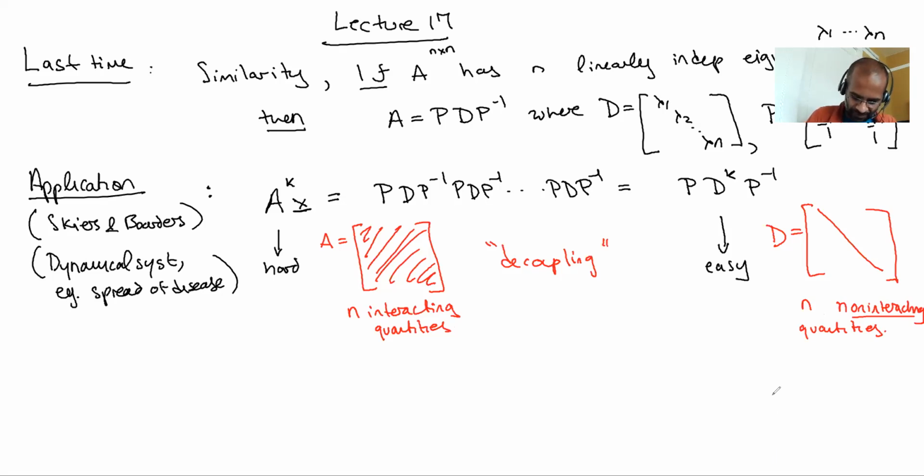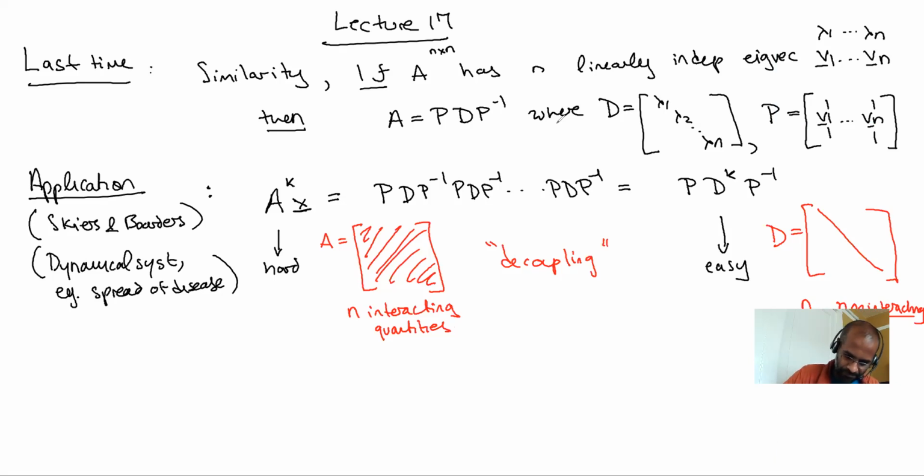And let me just interpret what's going on in the similarity a little bit more conceptually. Right now this is written as a very algebraic fact. It's a factorization of A into this product. But what does it mean conceptually?